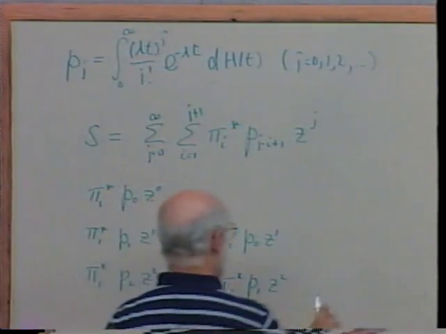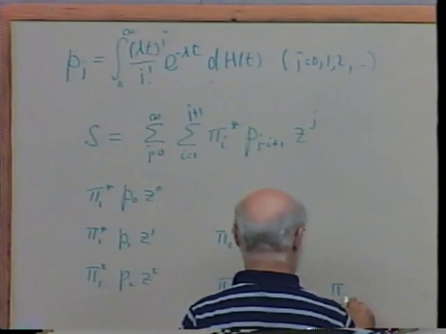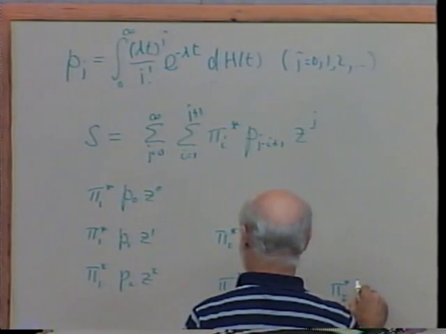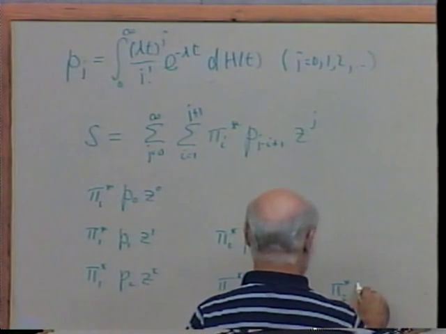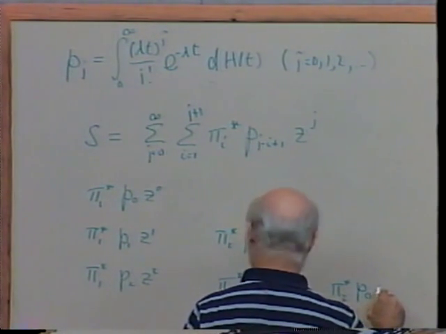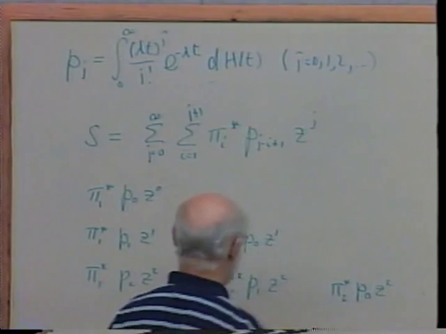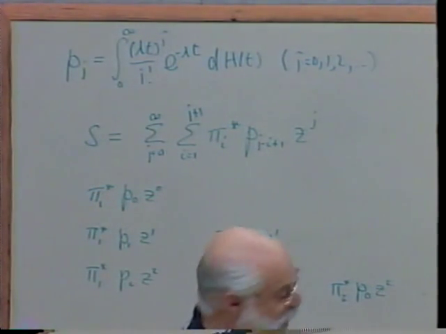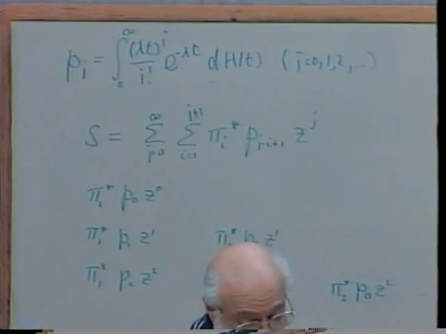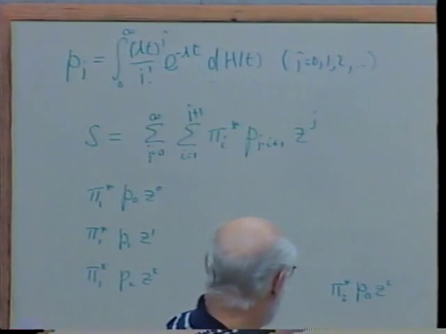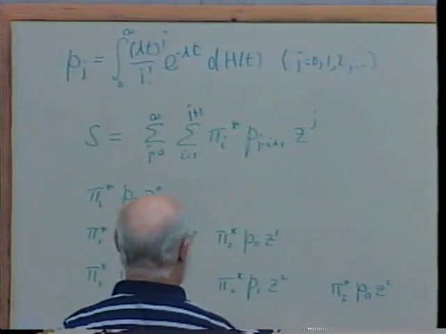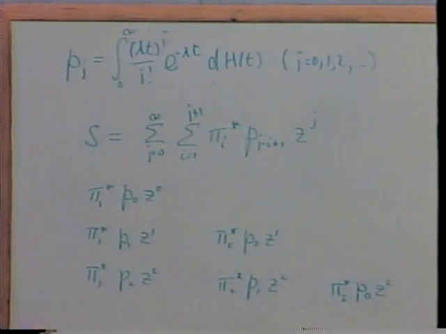And the next term will be pi 3 star p0 z squared. Is that right? Let's see. p2 pi 1 star, p1 pi 2 star, z squared. Yeah, that's right. Everything looks right. Everybody agree?